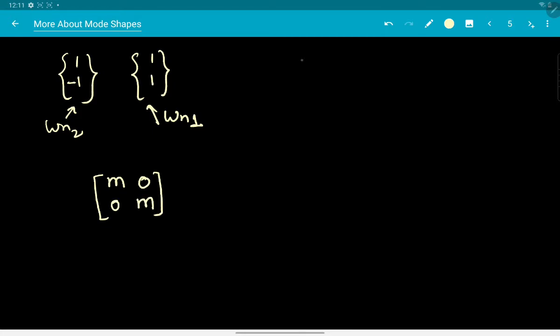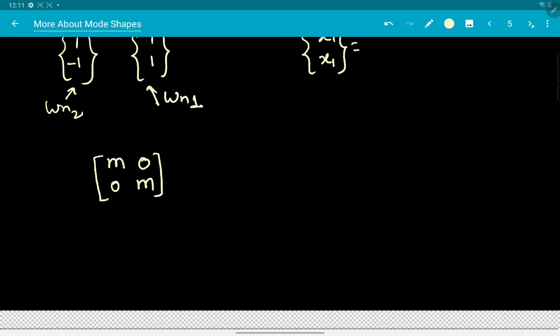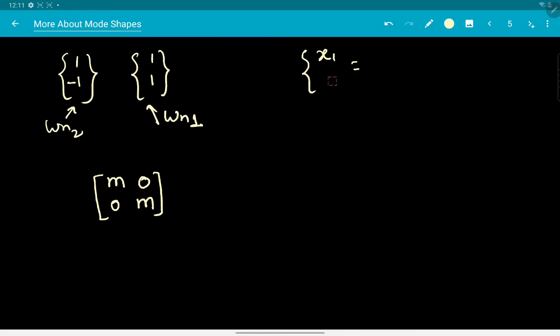Let's say that your system is vibrating in mode shape 1. Which essentially means that the vector x1, x2 will be equal to c1 times 1, 1, cosine of omega n1 t.